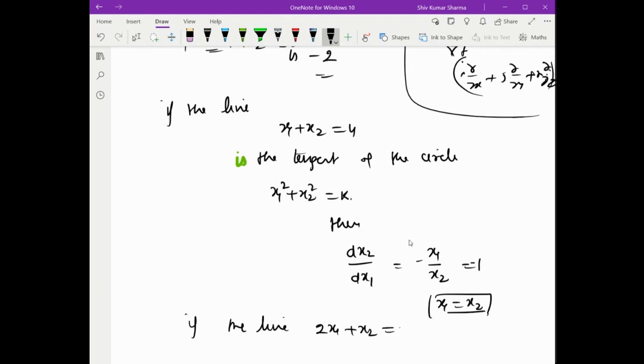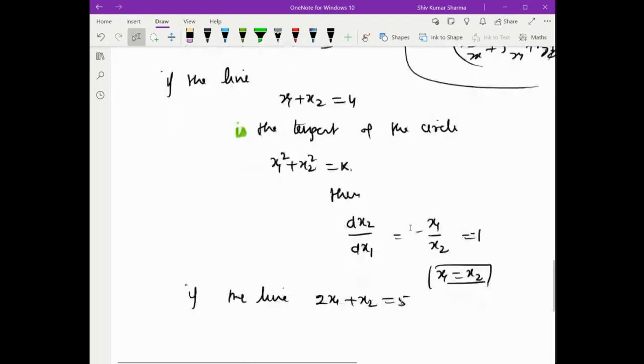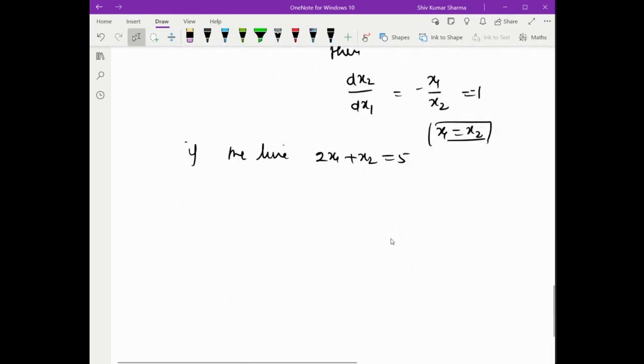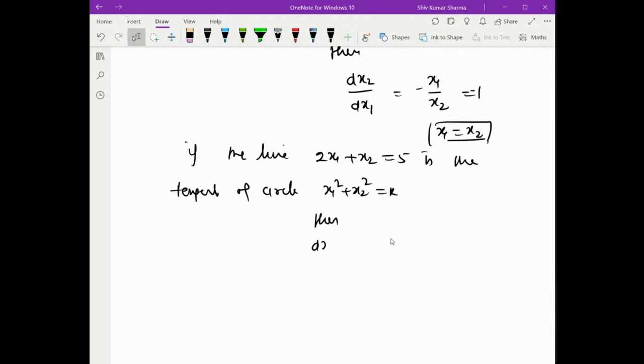Second line, if the line 2x1 plus x2 is equal to 5 is the tangent of the circle x1 square plus x2 square equal to k, then dx2 upon dx1.